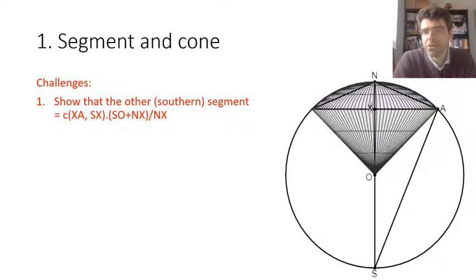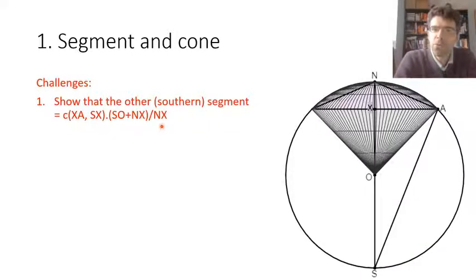Now, we can look at the larger segment in exactly the same way and find that its ratio to its inscribed cone is equal to the analogous formula SO plus NX to NX. I'll leave that as an exercise for you. It is just slightly different because that segment is larger than a hemisphere.